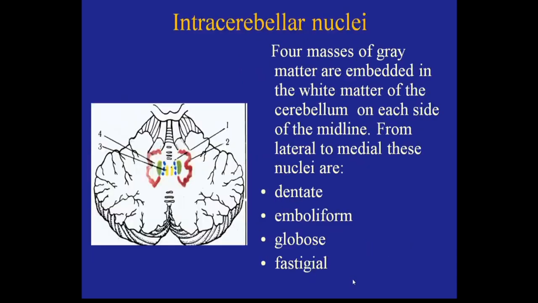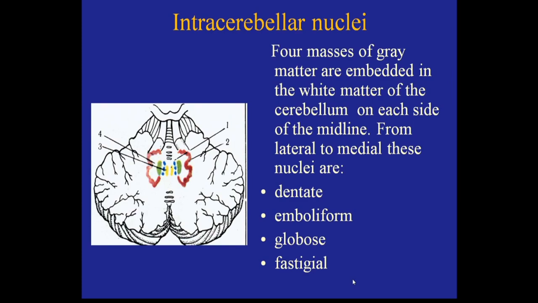Intracerebellar nuclei. Four masses of gray matter are embedded in the white matter of the cerebellum on each side of the midline. From lateral to medial, these are the dentate nucleus, emboliform nucleus, globose nucleus, and fastigial nucleus.